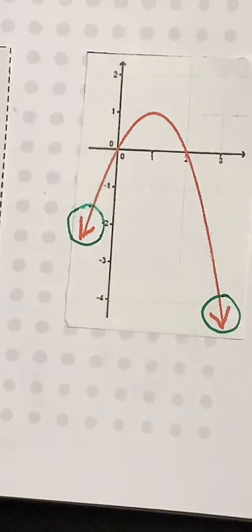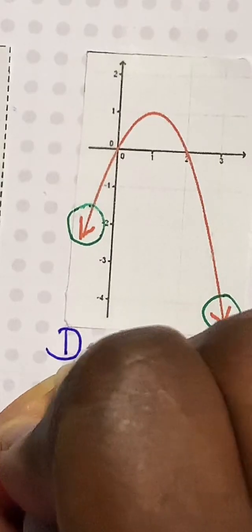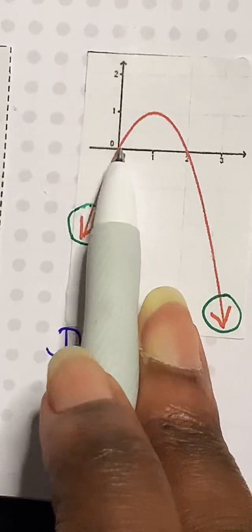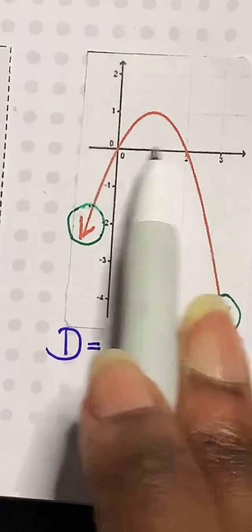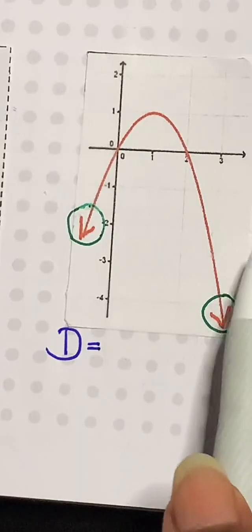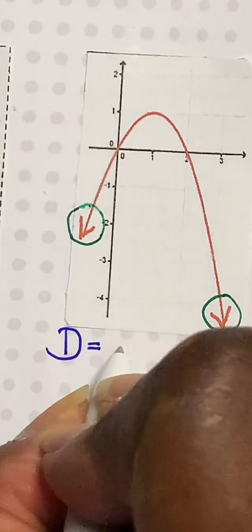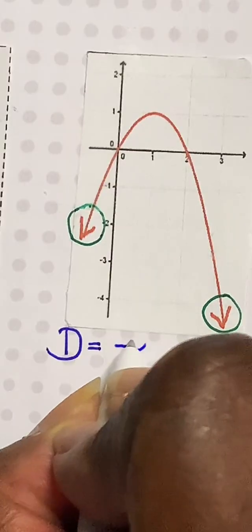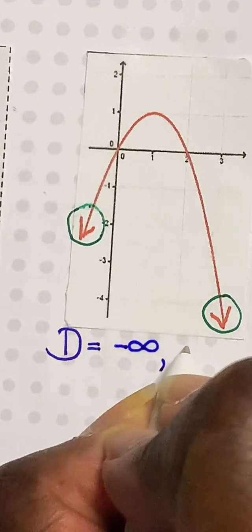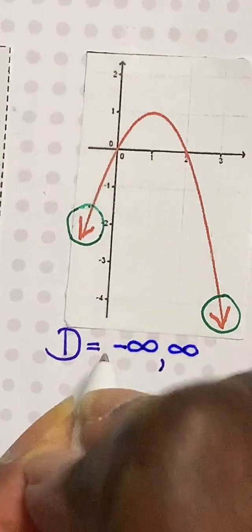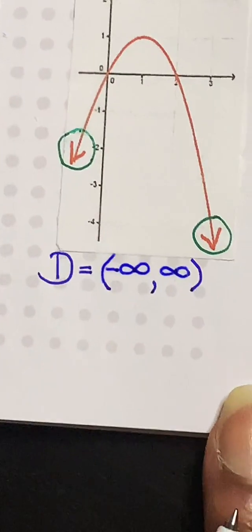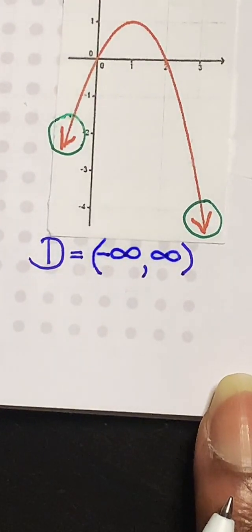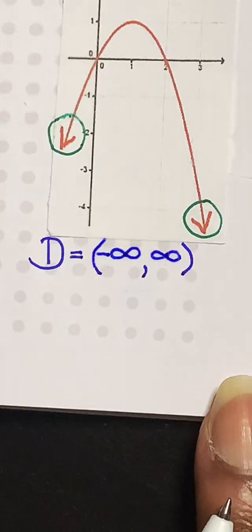So my domain, in this case, since it's going to keep going in the negative direction, because it's going down and going out in the negative direction, and it's also going down and going out in the positive direction, that means my domain is from negative infinity to positive infinity. And both have parentheses.